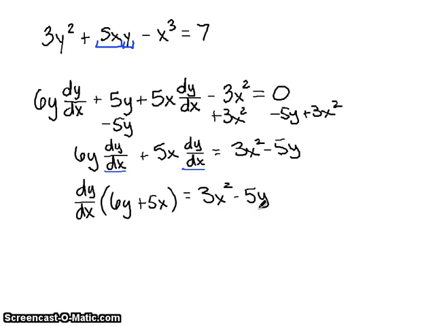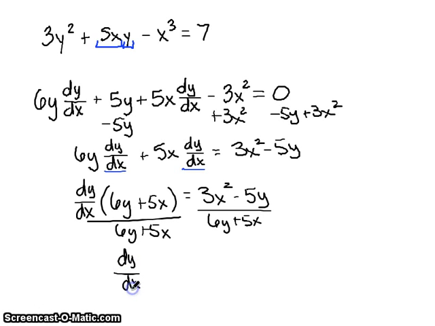To get dy dx by itself, we're going to divide by 6y plus 5x. So our derivative dy over dx is equal to 3x squared minus 5y over 6y plus 5x.